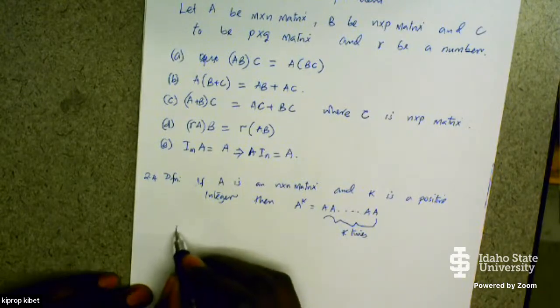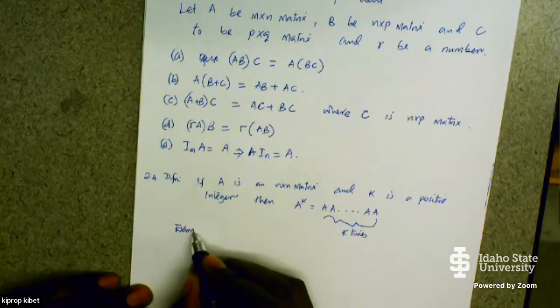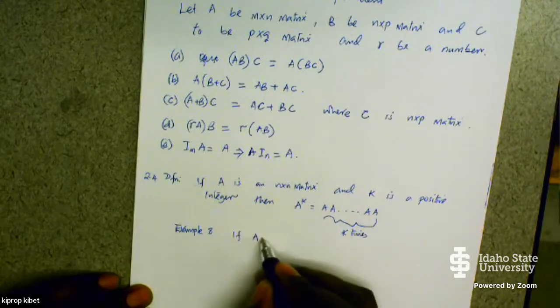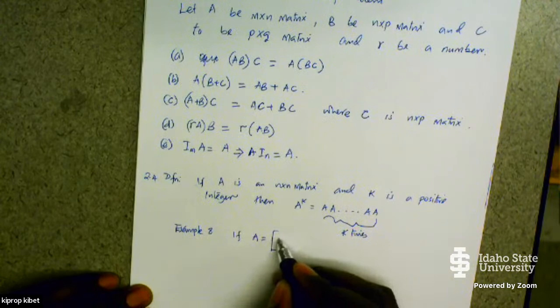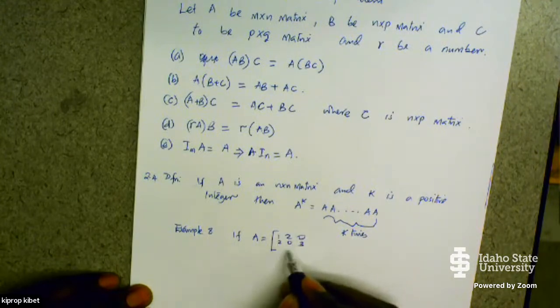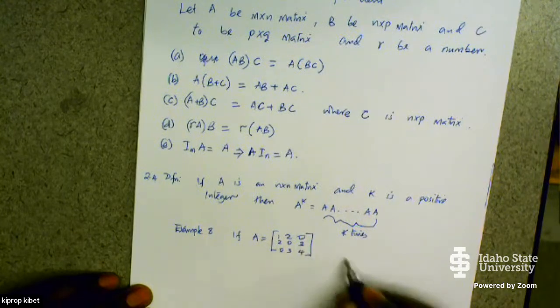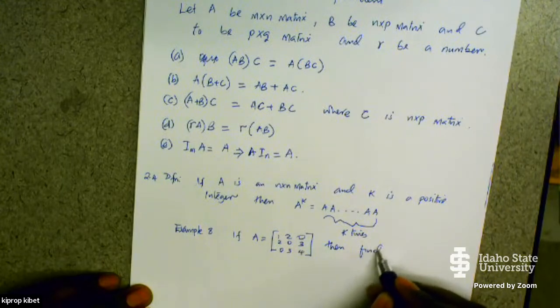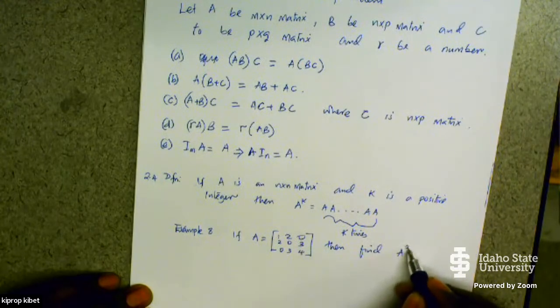For example, example number 8. If A equals 1, 2, 0, 2, 0, 3, and then 0, 3, and 4, then find A raised to 3.